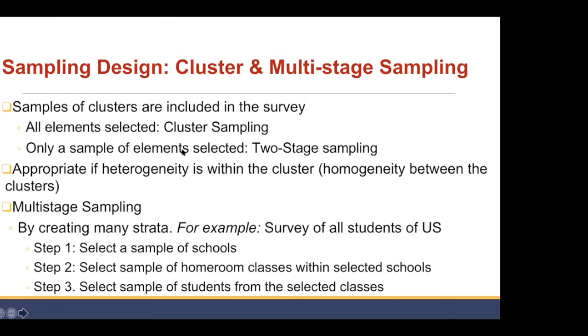From the homeroom classes, then you sample the students. So there are multiple levels included here. The sampling has been done at multiple stages, so this is again multi-stage sampling. Based on your study size and whether it is convenient or not, you can decide which one is appropriate for a study.